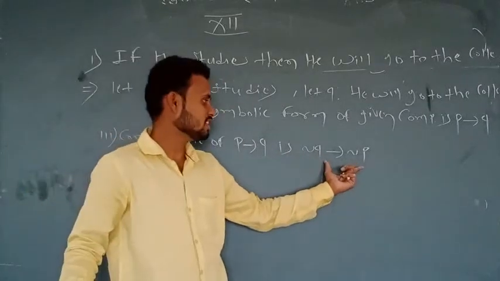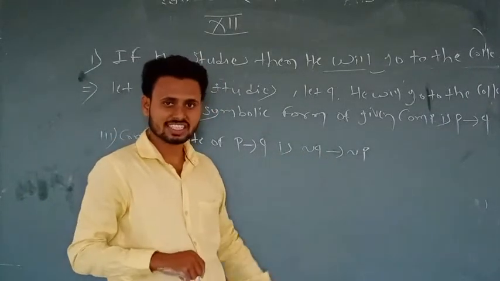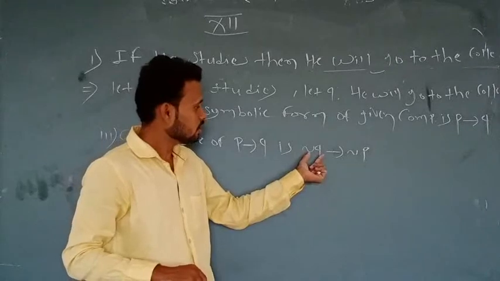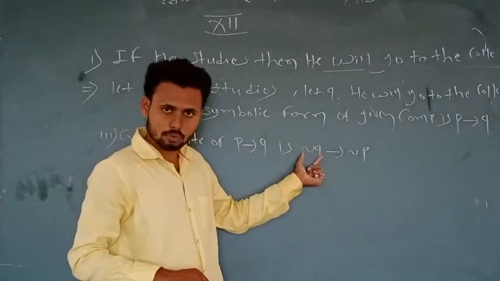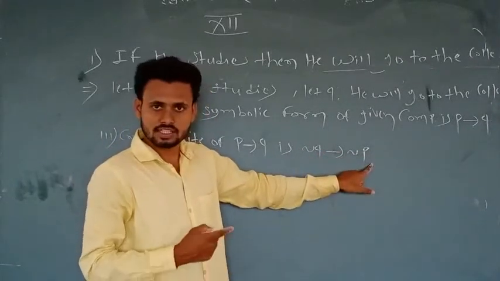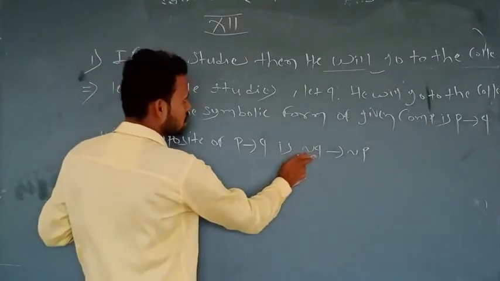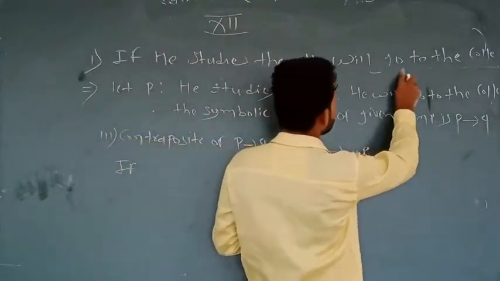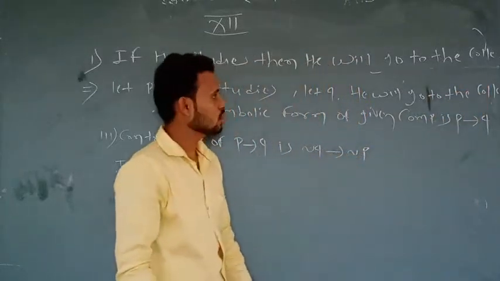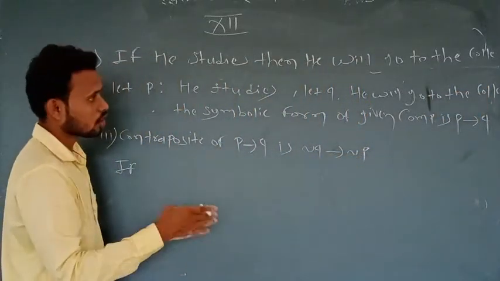Therefore, we can write this statement pattern in terms of sentence. If negation of Q, then negation of P. This statement denotes Q: he will go to the college. Therefore, negation of Q: he will not go to the college.